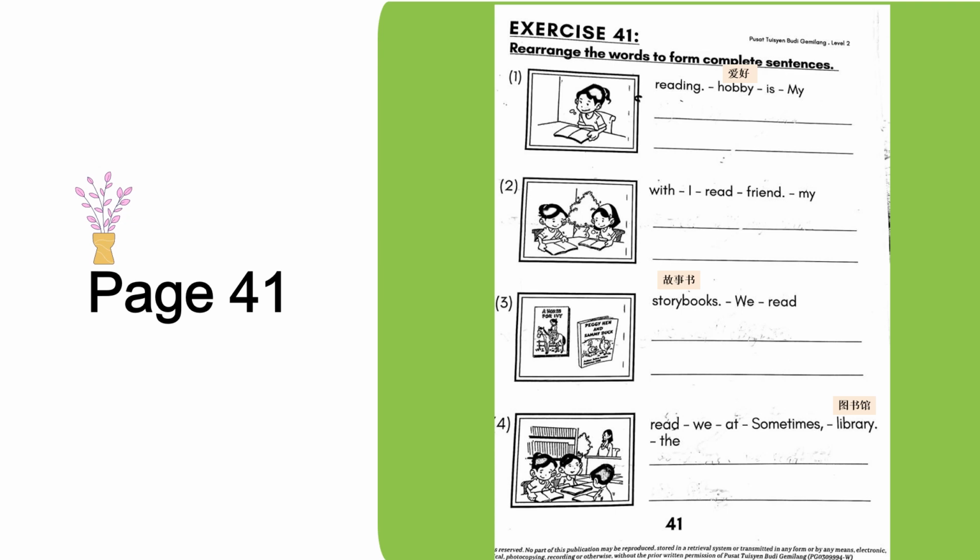Sometimes 就是有时候，有时候 comma subject. 我们在哪里读？我们在图书馆阅读。Okay, think and write on your own. Sometimes, comma, subject, we. Then you need to write your verb. 读了，在哪里读？在图书馆。Okay, so think and write the answer on your own. So that's for question number 4.